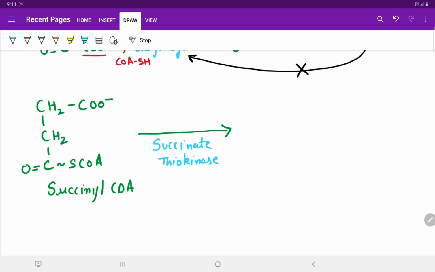So here is the liberation of one GTP molecule also and removal of coenzyme A SH. So we shall be forming one GTP molecule plus with liberation of one coenzyme A SH.